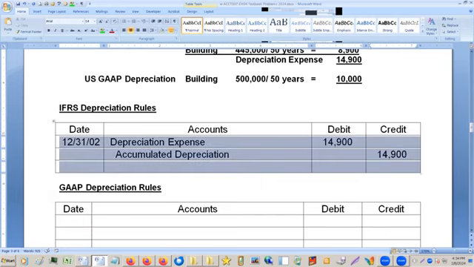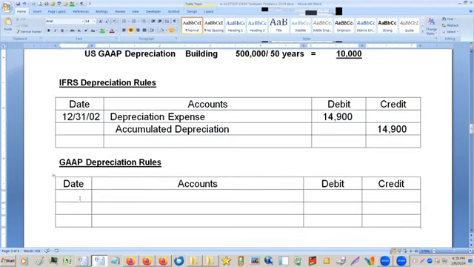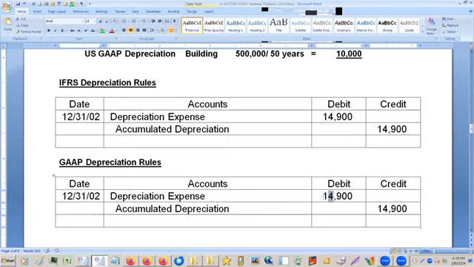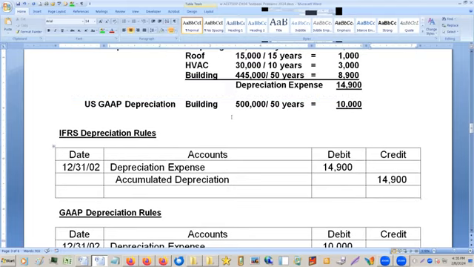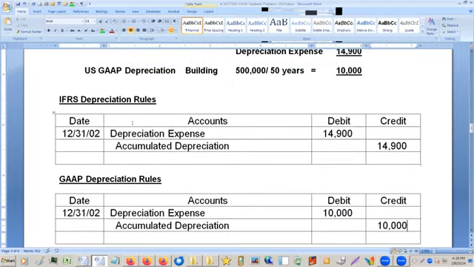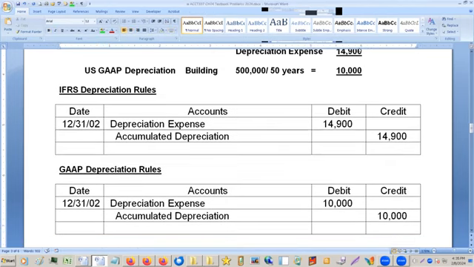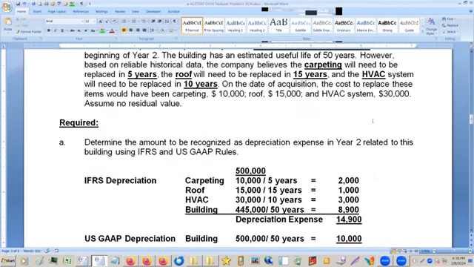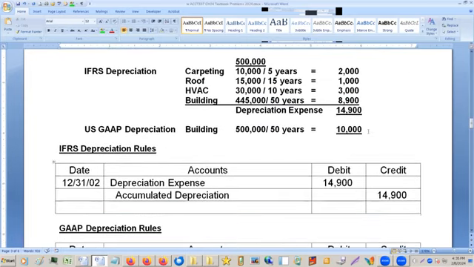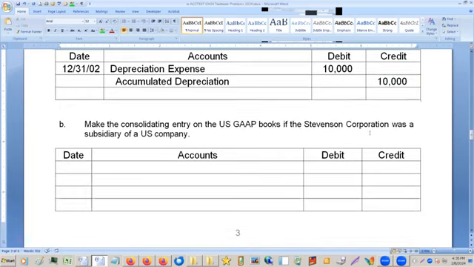The GAAP standards, like this. Okay, so that is just between them.